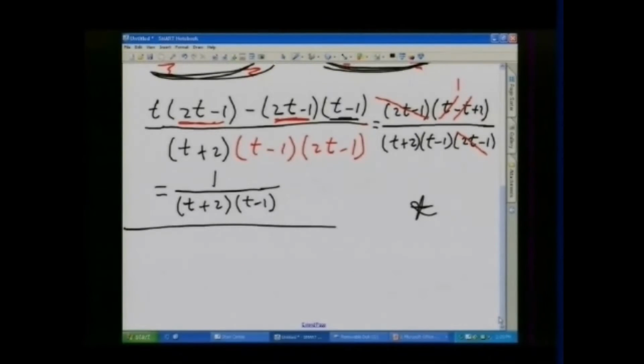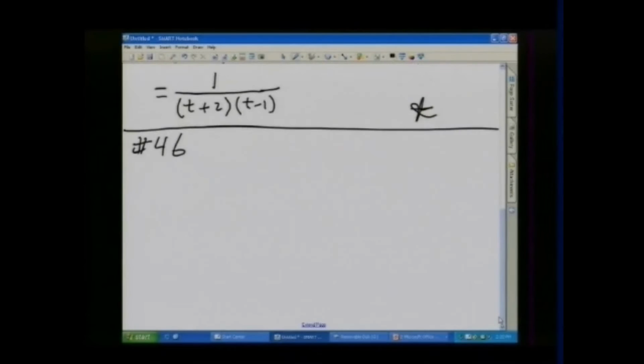Now let's do another problem from this section 1.4. Problem number 46. You have, in the numerator of this quotient, 1 divided by x plus h squared, minus 1 over x squared, divided by h.